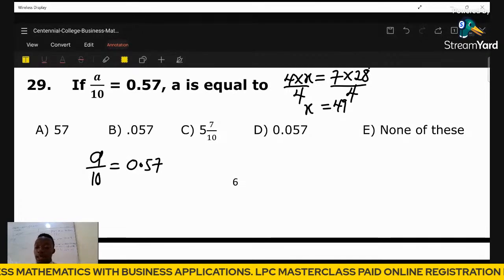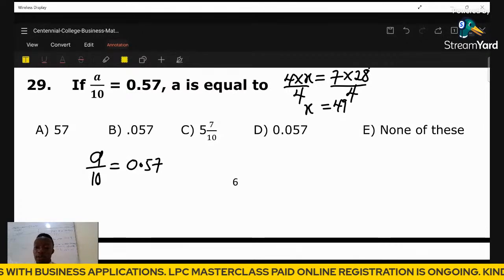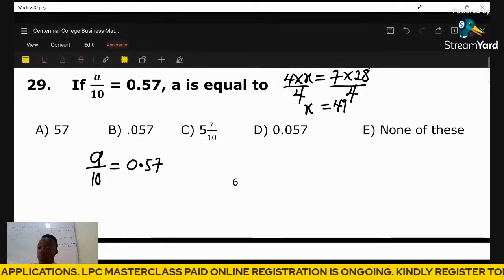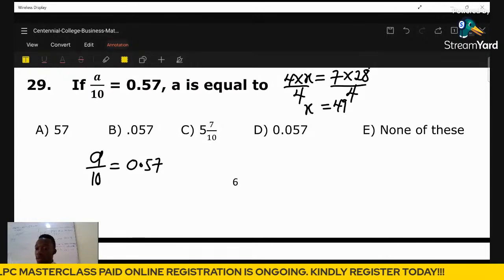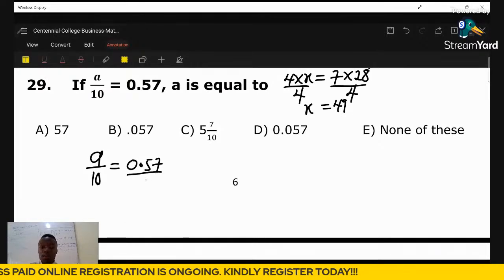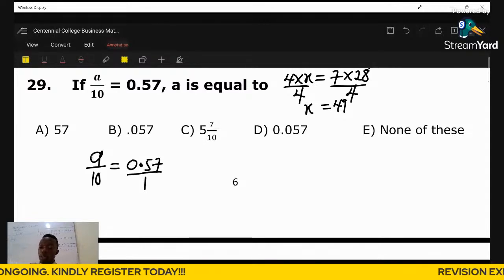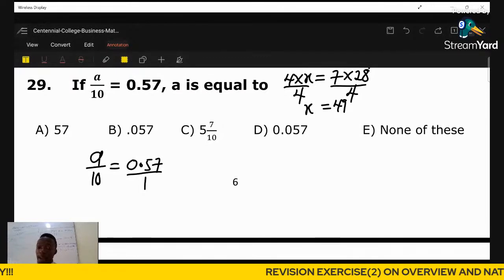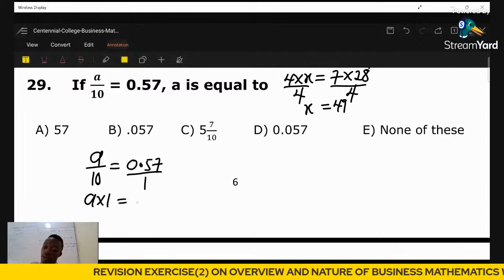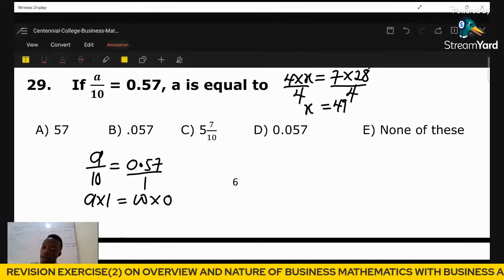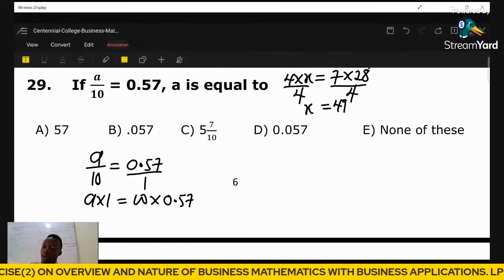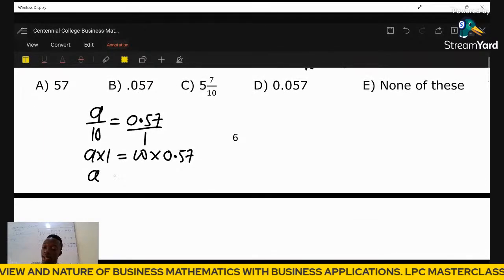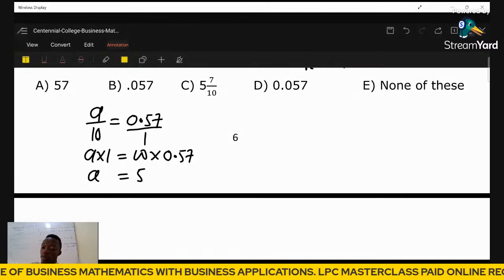So A out of 10 is equal to 0.57. So A is equal to what? We can say that 0.57 can be out of 1, right? So multiply A by 1, multiply 10 by 0.57, right? So cross multiplication. A multiplying 1 should be equal to 10 multiplying 0.57. And what are we getting at the end of the day? We can say that A should be equal to 5.